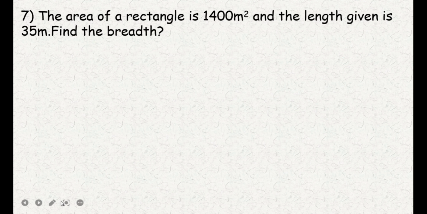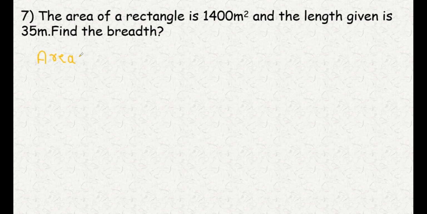And this question is quite different from all other questions. The question is, the area of a rectangle is 1400 meters square and the length given is 35 meters. Find the breadth. I think all of you know that area formula.